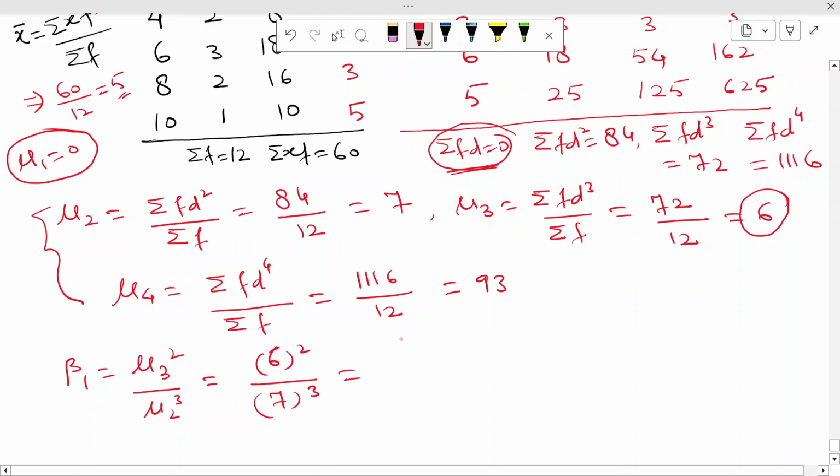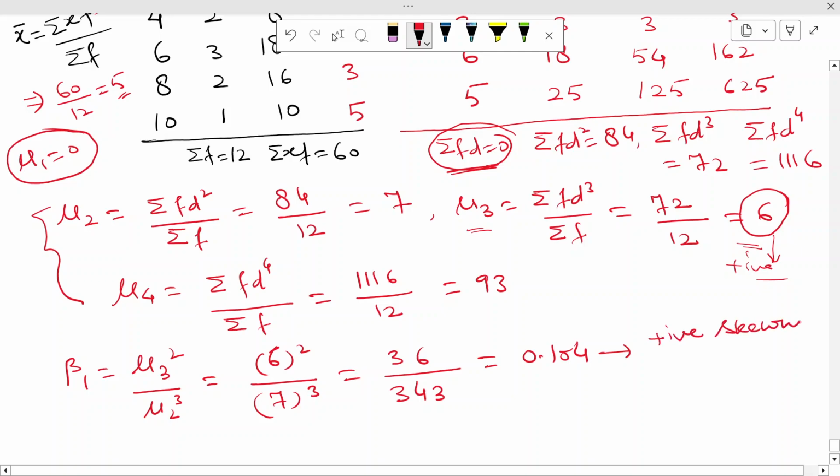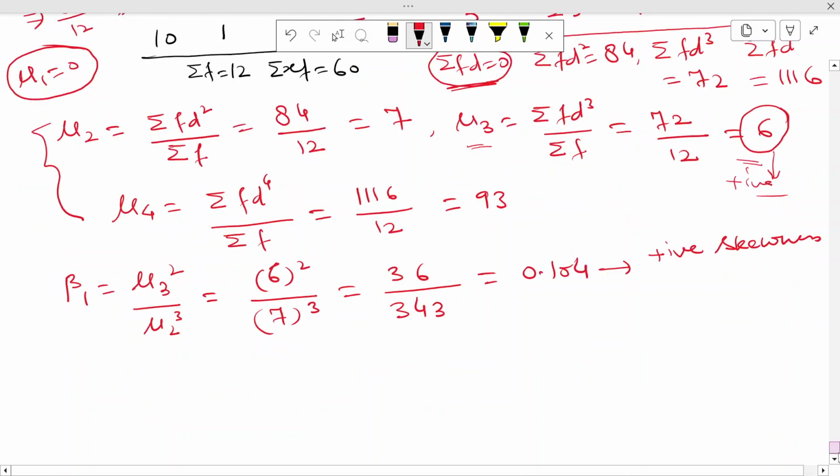This is coming out as 36 over 343, which is 0.104. Now in order to get the sign of this beta 1, we have to look at the sign of mu 3, and our mu 3 is positive. So we will consider this as positive 0.104, and this means our data has positive skewness, or our data is positively skewed.